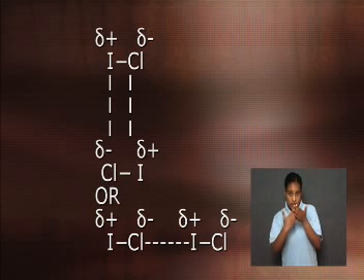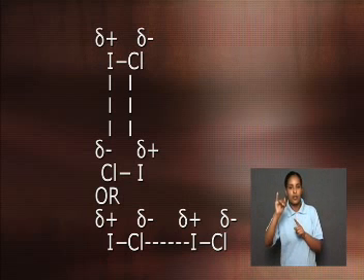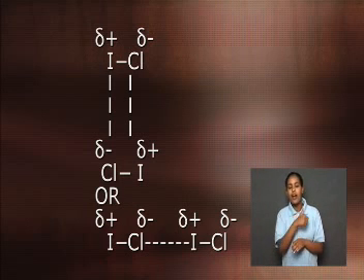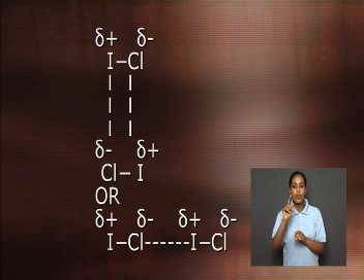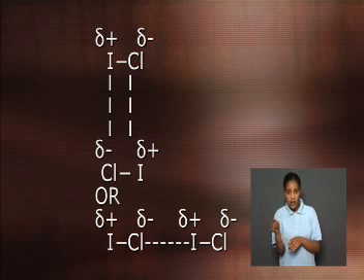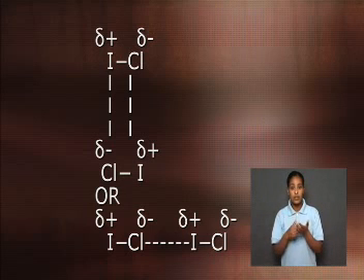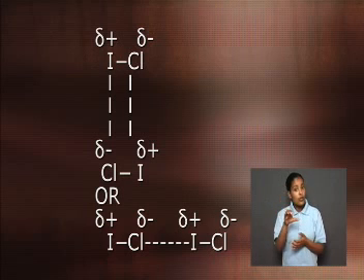The partially positive iodine end of one iodine monochloride molecule is attracted to the partially negative chlorine end of another iodine monochloride molecule. As you can see here, we used a dashed line to represent the intermolecular attraction between molecules. This is because these forces are not as strong as chemical bonds.